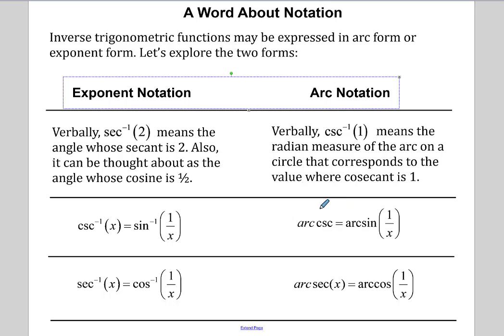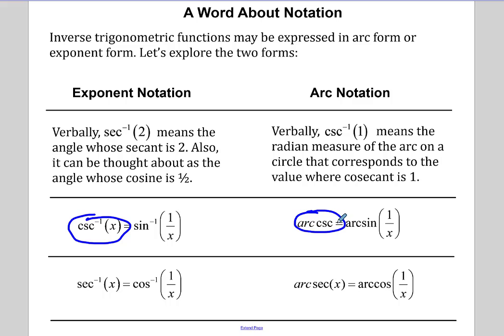So arc cosecant is the same thing as arc sine of the reciprocal, or cosecant inverse is the same thing as sine inverse of 1 over x because they're reciprocals of each other. So whether you use the exponent form cosecant inverse or the arc notation, arc cosecant, they mean the same thing.